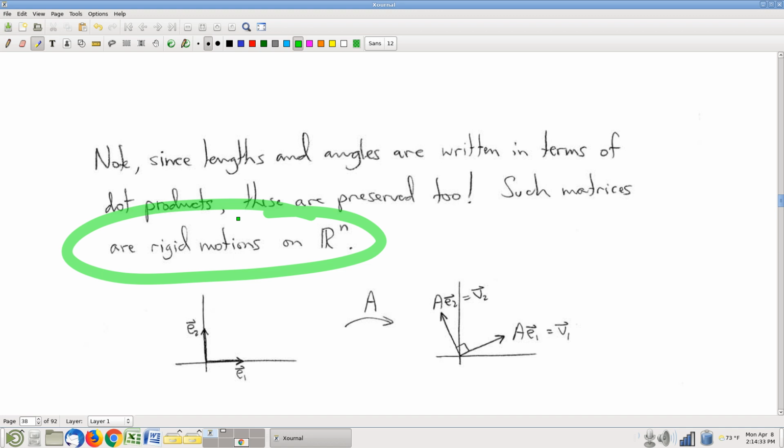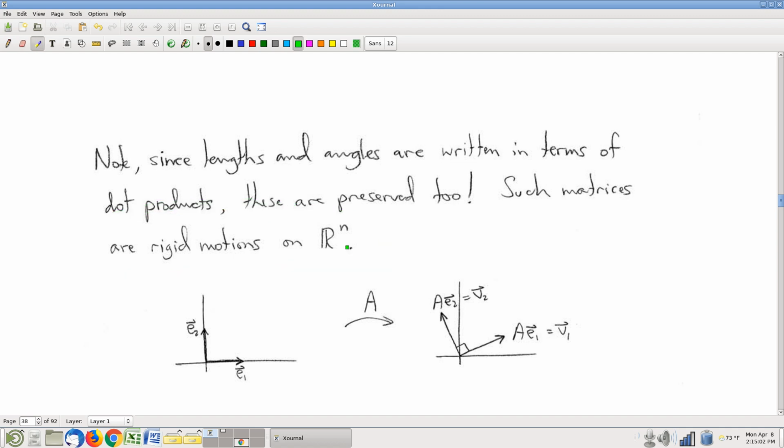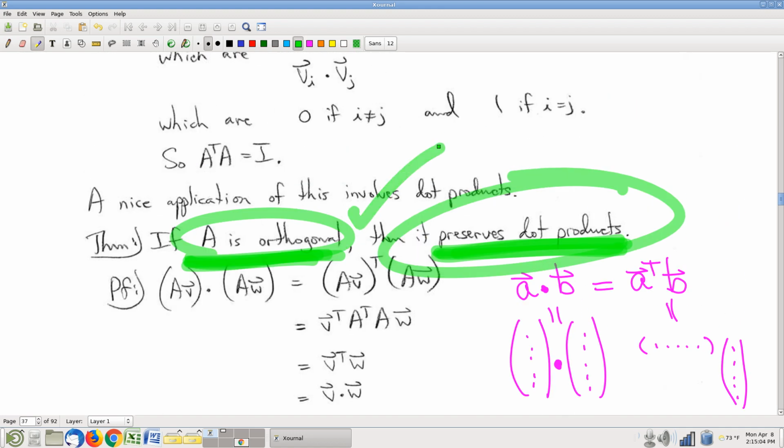It might flip, but there's not going to be any shoving, squishing, stretching or shearing, nothing weird like that. All of Rn will stay rigidly arranged as it is and just possibly rotate or reflect. And that's all. So it's geometrically very natural because of this result.